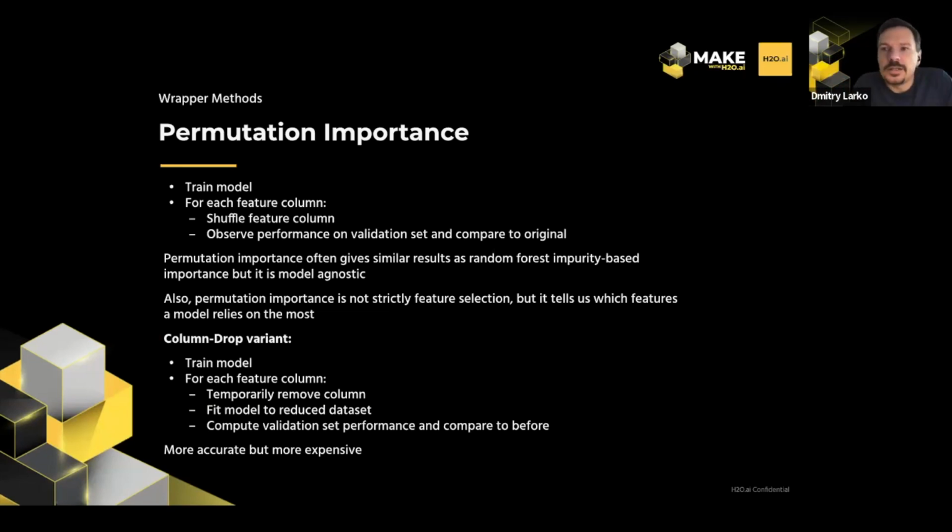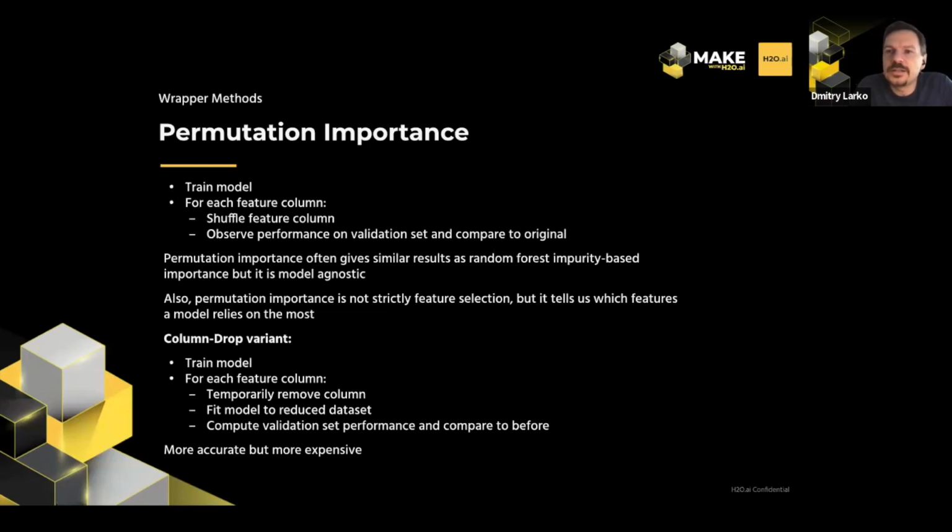If you shuffle a column, especially an important one, there is no longer a connection between the shuffled column and the target, so you're expecting the score to drop. The more significant this drop, the more important the feature is for the model.